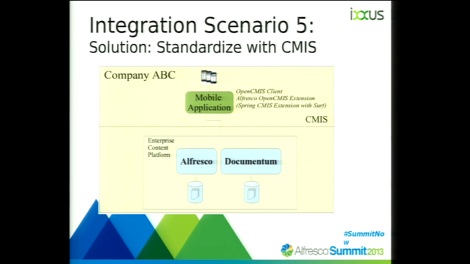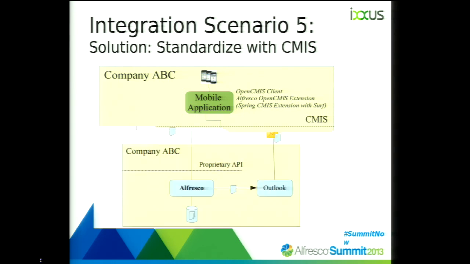That gives you another thing in the Spring Surf web script controllers. You can use the CMIS root object to work with CMIS calls and stuff. So we built that, and if you build an app like that, you could run it against a lot of different CMS systems, which, if it's a commercial app, makes sense, right?